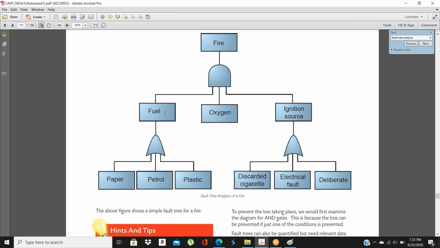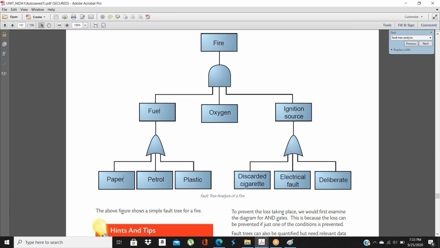Now where can you find the fuel? It could be paper, or petrol, or plastic, or maybe some other thing. Clear? Now the ignition source: where can the ignition come from?